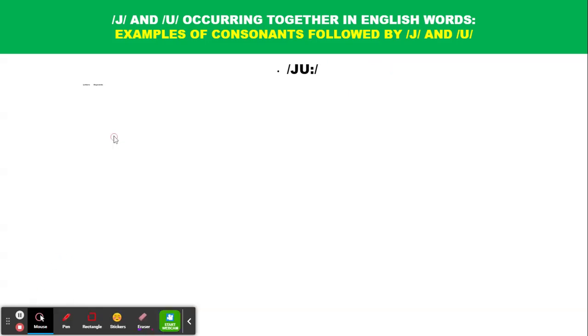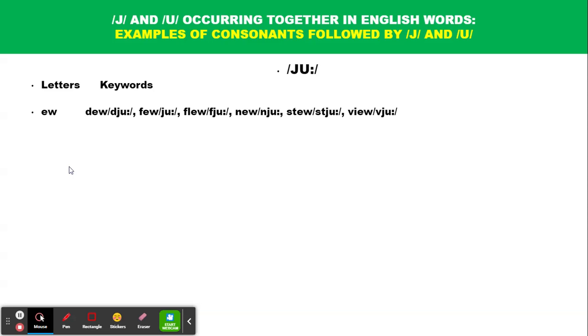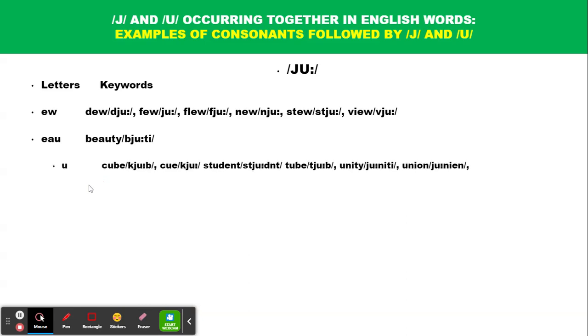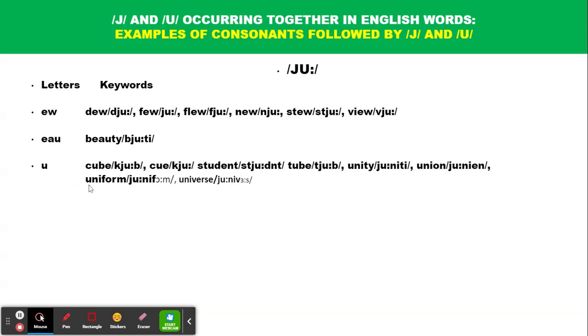So let's look at examples. Again, we look at letters and we look at keywords. Now, we earlier saw this, but we want to take another look at them. We are going to look at all of them and then we go through them, okay, one by one.